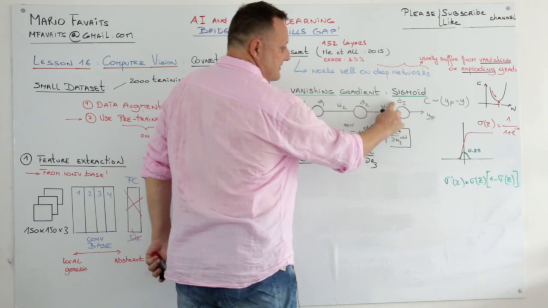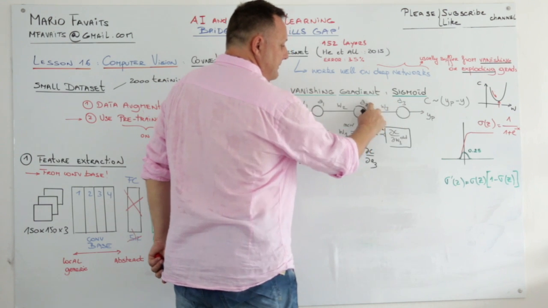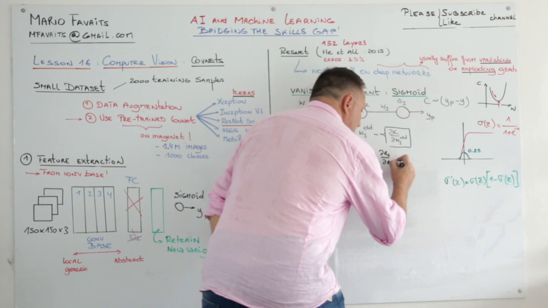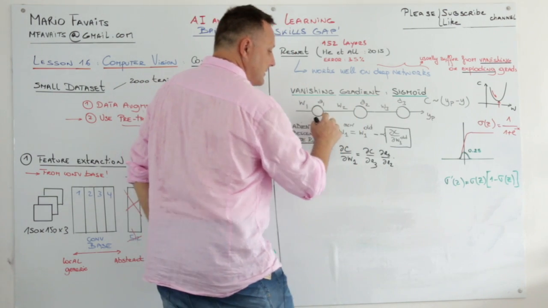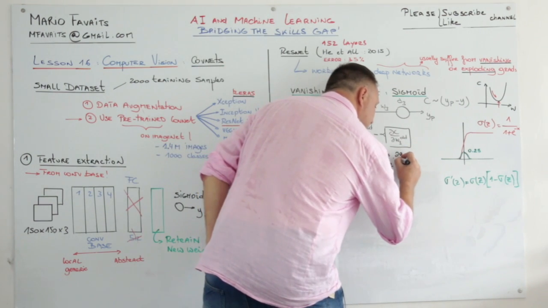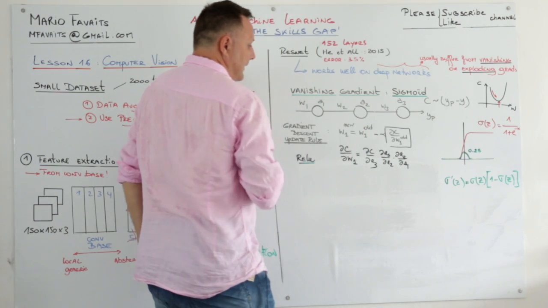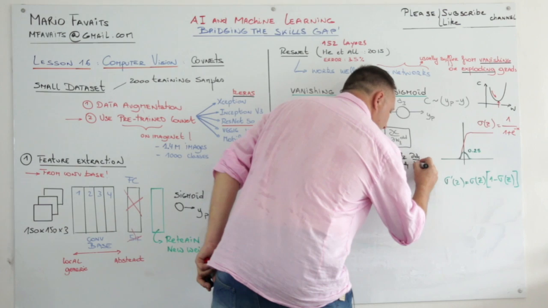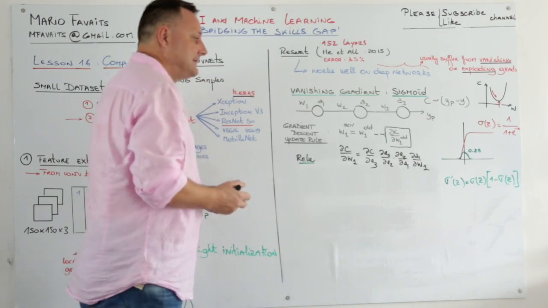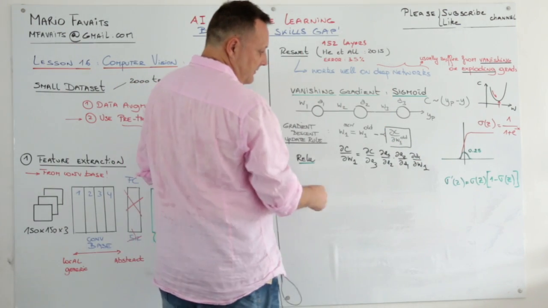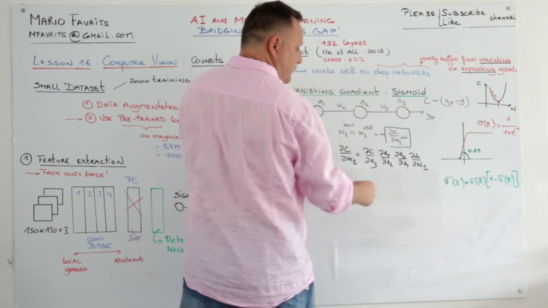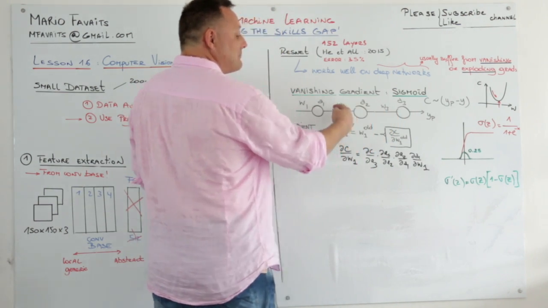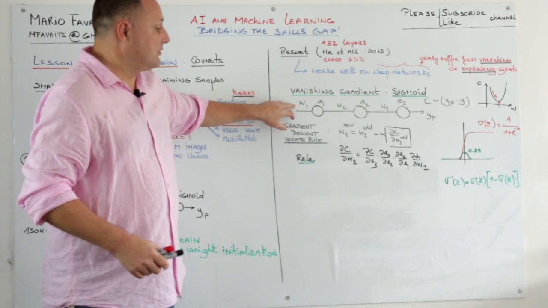The cost function depends on A3, and A3 depends on A2, times A2 depends on A1, and then A1 depends on W1. So that gives me the relation between C and W1. So I need to backpropagate and update my weights all the way to the input.